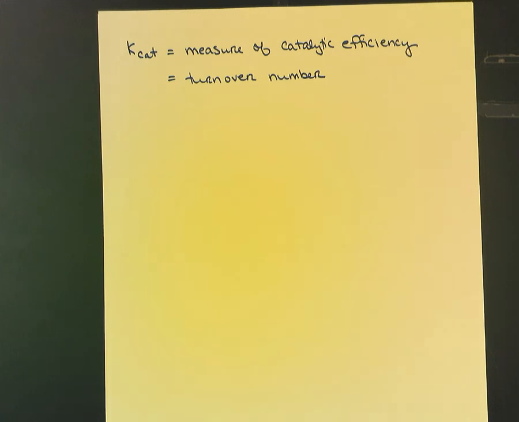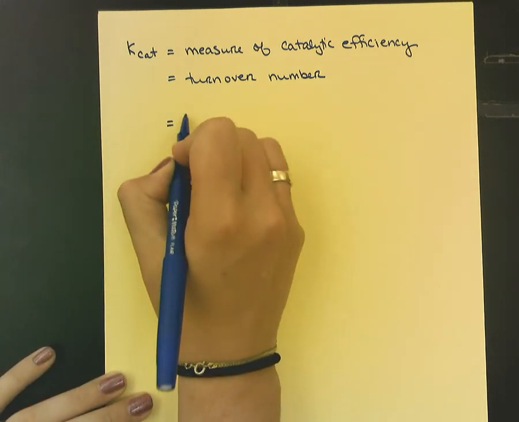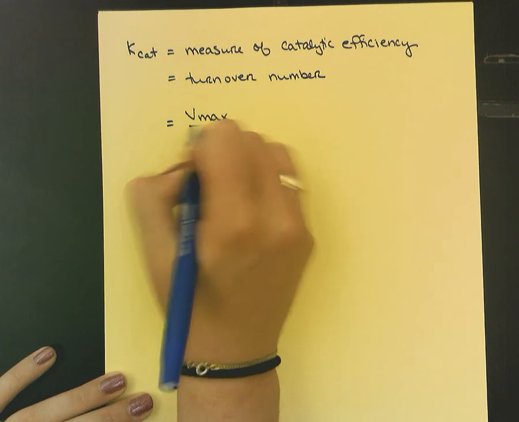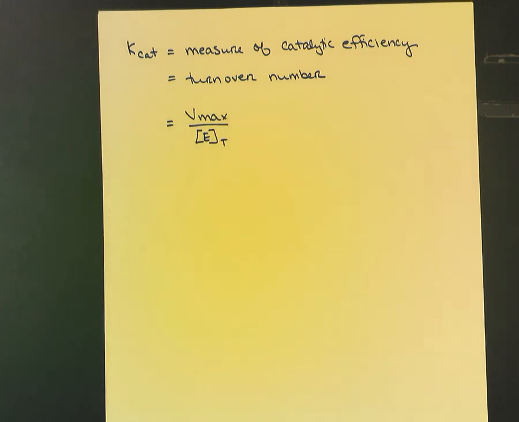But we'll define all the terms first and then backtrack. So Kcat is a measure of catalytic efficiency. It is the turnover number, and mathematically is defined as Vmax over enzyme total concentration.